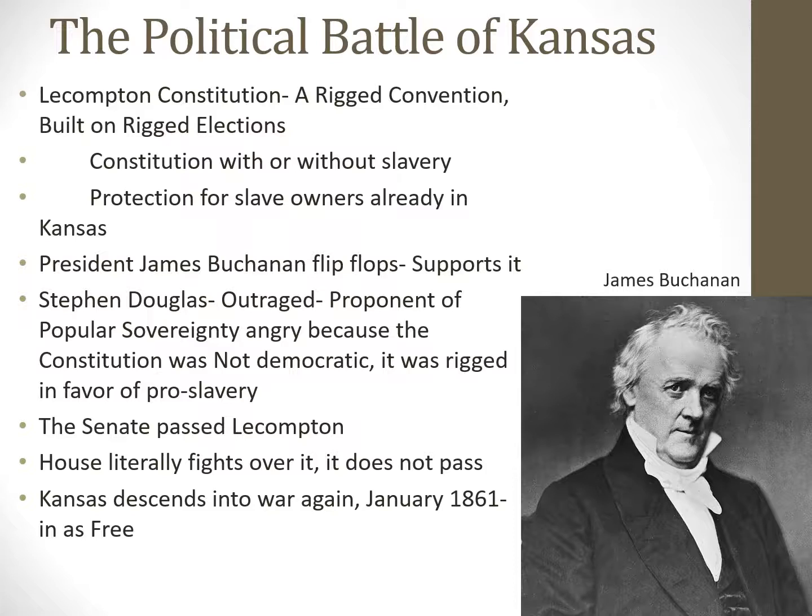The Lecompton Constitution called a convention, and the convention was basically going to establish a constitution that would then be voted on. The critical officials in every avenue of this are pro-slavery officials, and the Lecompton government represents about 1/5 of the population. So it's anything but democratic.